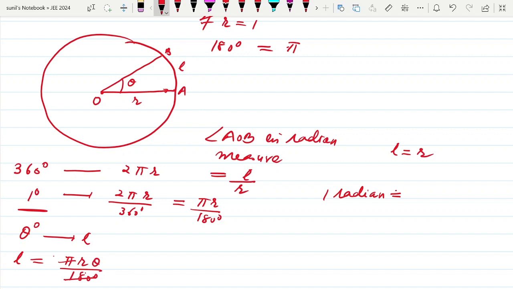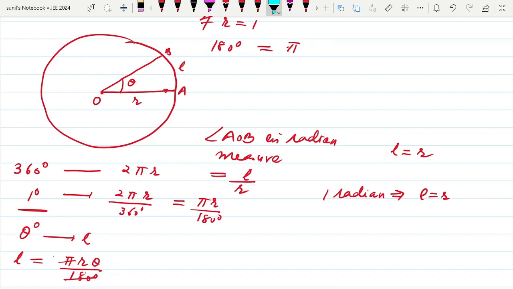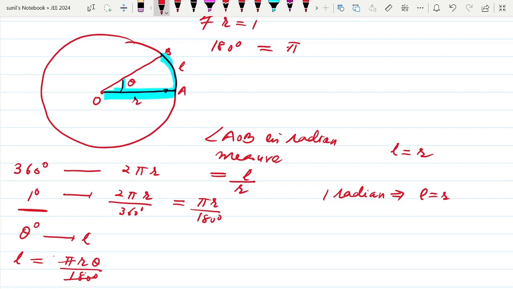This is possible if L equals R. It means if the arc length and the radius are of the same length, then the angle at the center will be 1 radian.